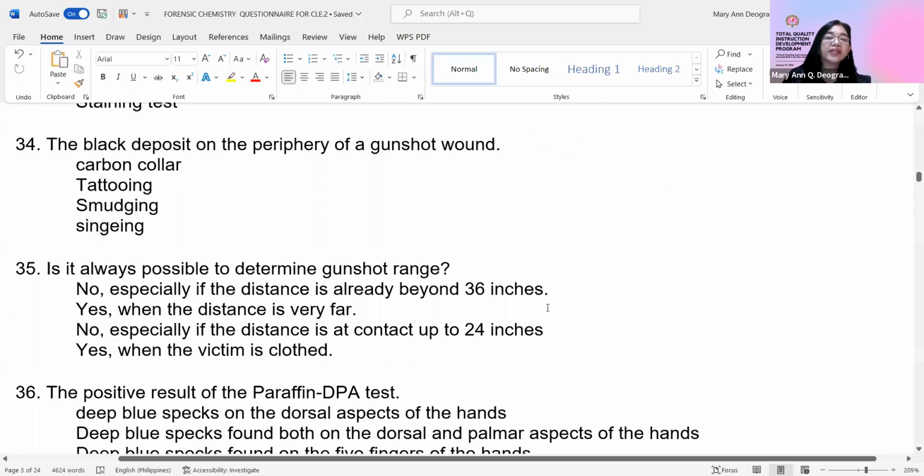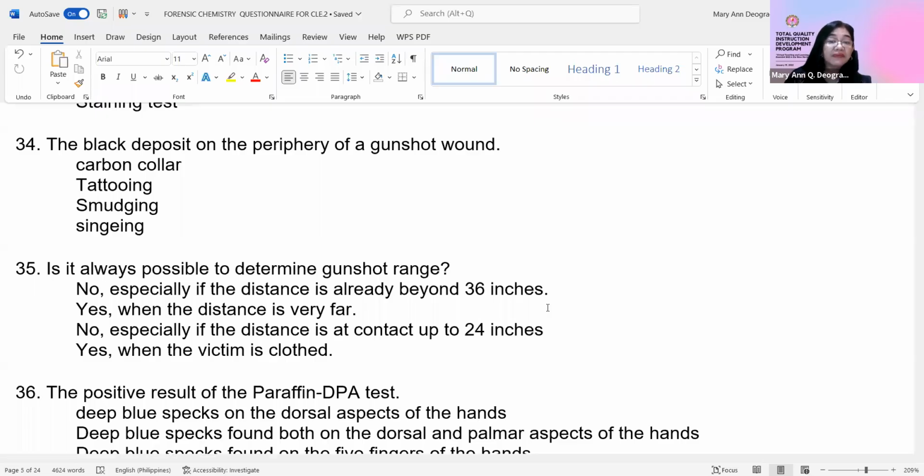How about number 34? It's the black deposit on the periphery of a gunshot wound. Yung mismong black deposit, is it the carbon color, tattooing, smudging, or singeing? Yes, it's carbon color.